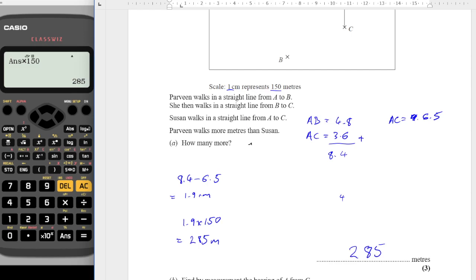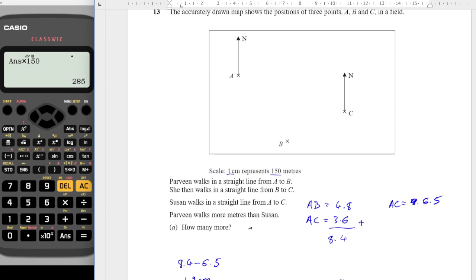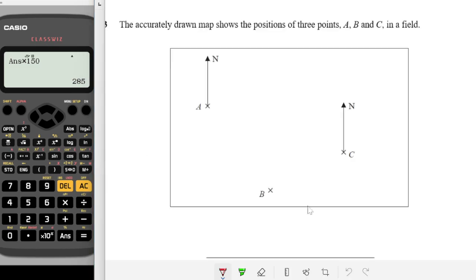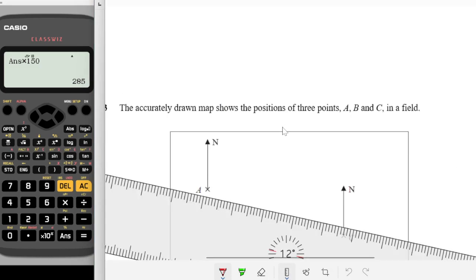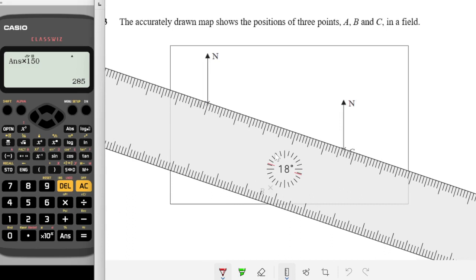Okay, for part B, find by measurement the bearing of A from C. To help me out with this, let me just snip it. So if I want the bearing of A from C, the first thing I really want to do is create a line between A and C. So that's going to be my line.